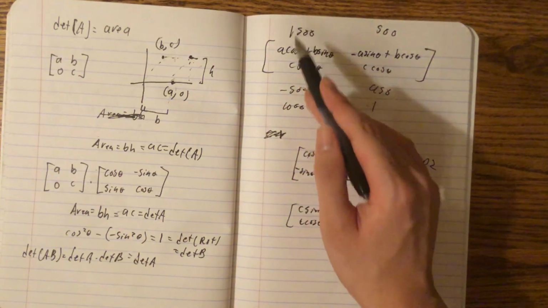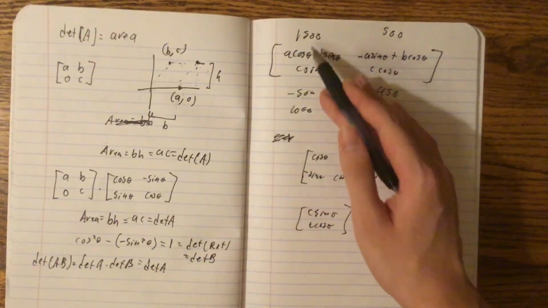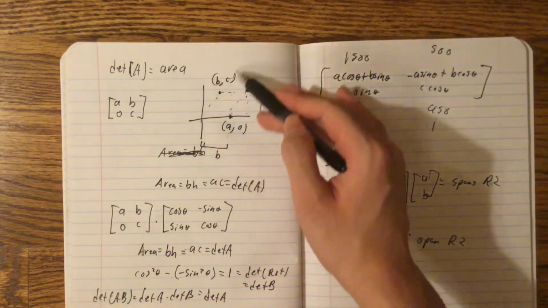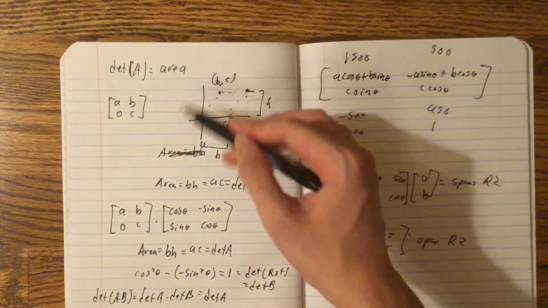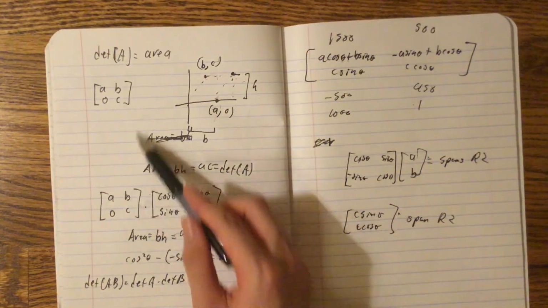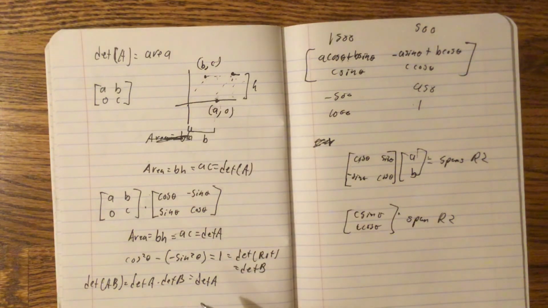So that means each of these 4 entries can be whatever they want. And so if all of these 4 entries can be whatever they want, then every parallelogram in this R2 space is covered by a rotation and a parallelogram with one of its legs on the x-axis. Thank you.